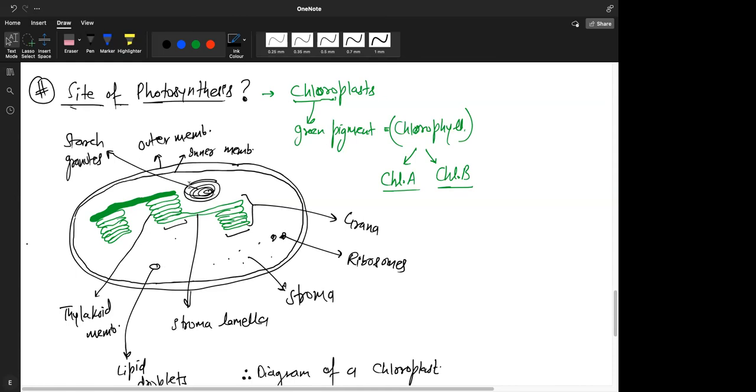Now, this stroma lamellae and this grana also have a membrane, no? They will have a boundary. A coin has a boundary, right? So that boundary is called the thylakoid membrane. Do you understand, Yusuf? Yes, sir.